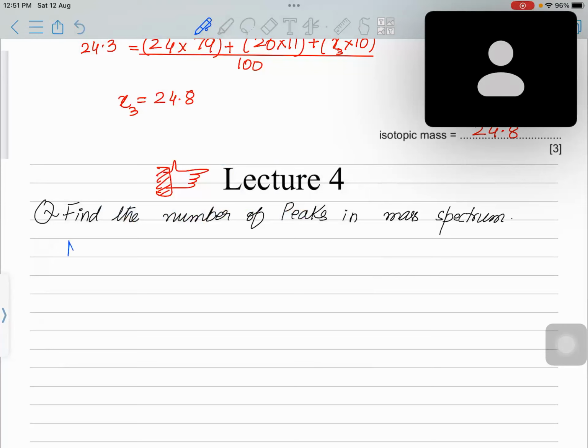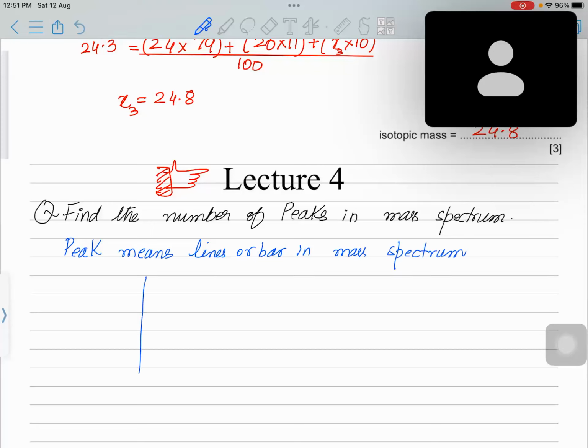Peak means lines or bars in the mass spectrum.